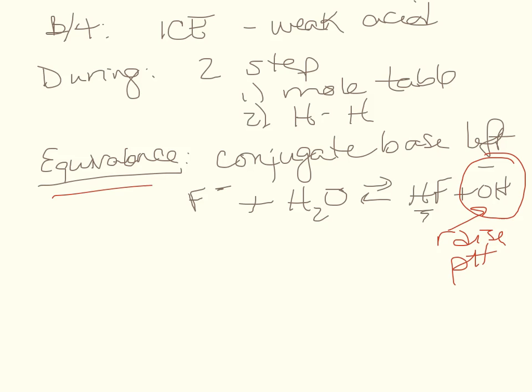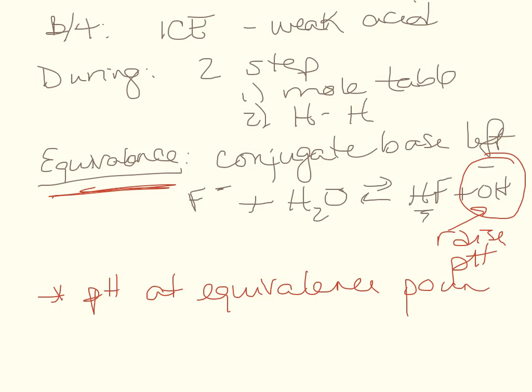So since we're at the equivalence point, what is important to be aware of is that the pH at the equivalence point of a weak acid is greater than 7. Okay? That's only for titrating a weak acid.